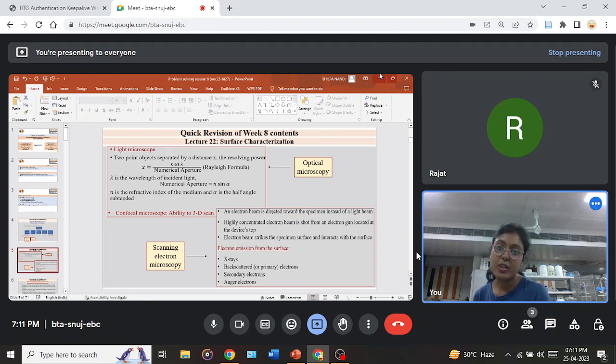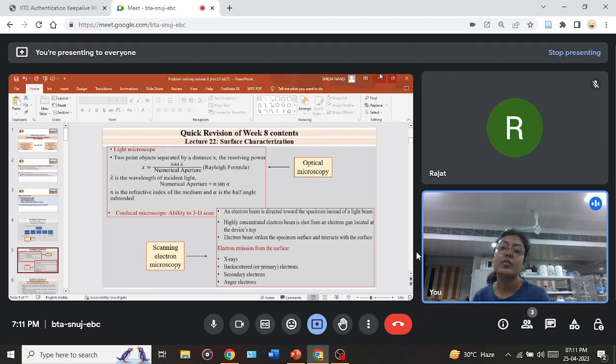From this equation you can see that the resolving power x is inversely proportional to the numerical aperture, and hence to the refractive index as well.